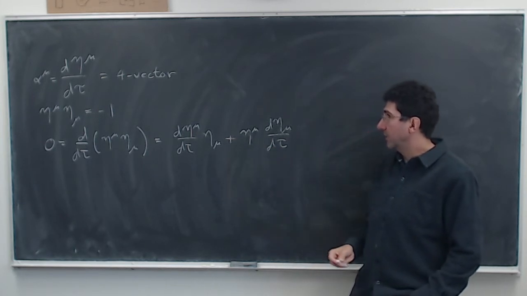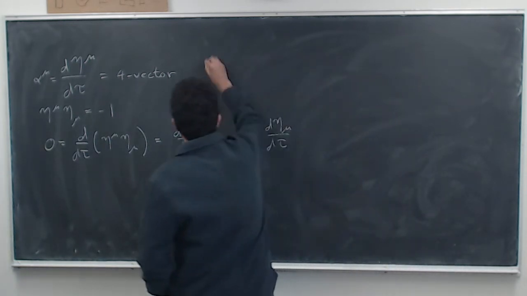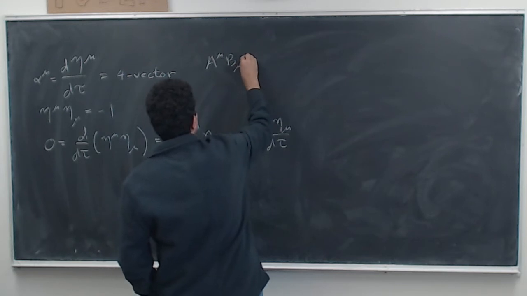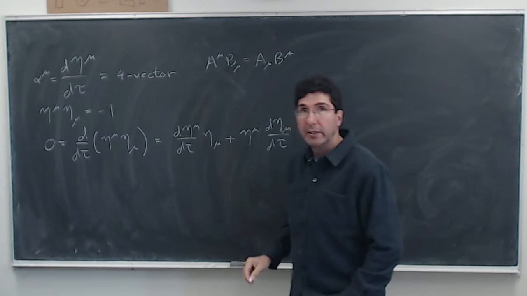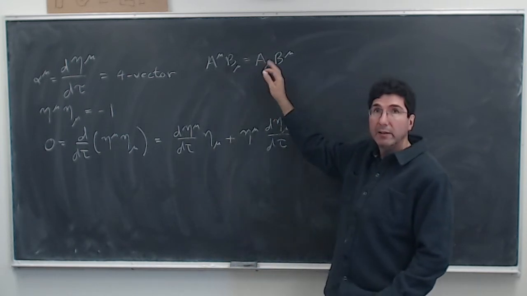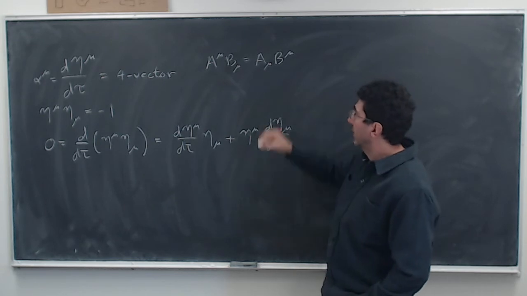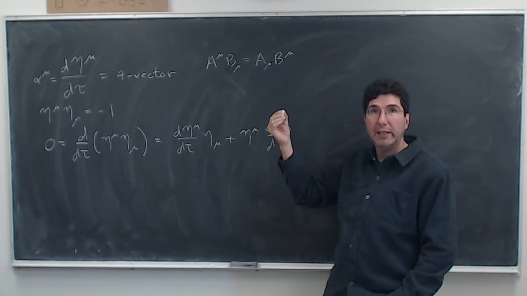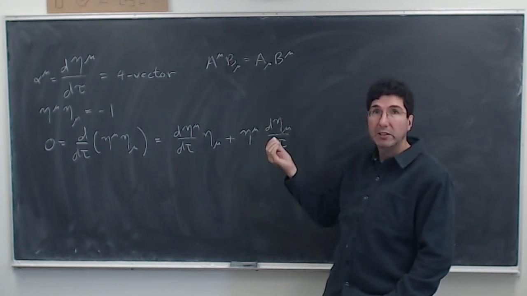These two terms look very similar, and in fact, they're just equal to each other. The reason is that for any 4 vector, we have a upper mu b lower mu is equal to a lower mu b upper mu, right? This is true for any Lorentz invariant contraction of these indices, because lowering one index and raising the other just changes the sign of the time component and leaves the other one alone.